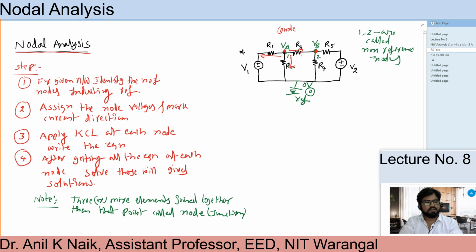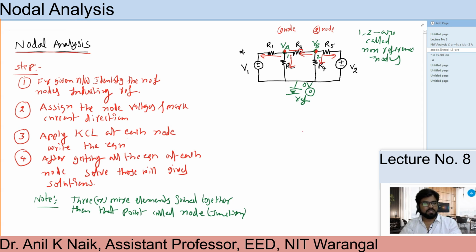For this second point, again I need to mark the current direction with respect to the second node. So this is my current direction with respect to the second node.